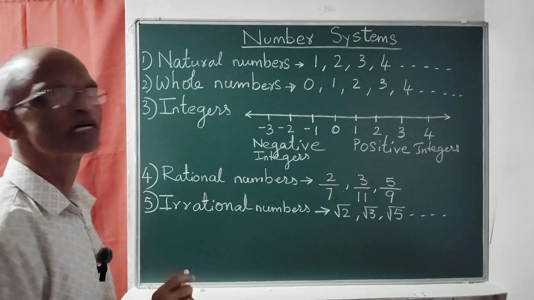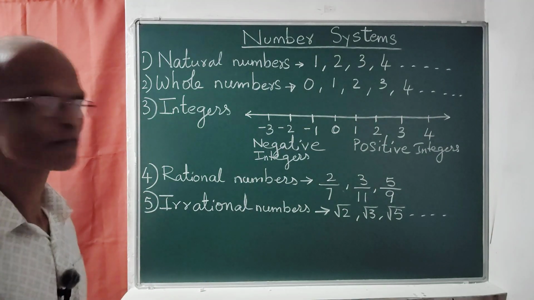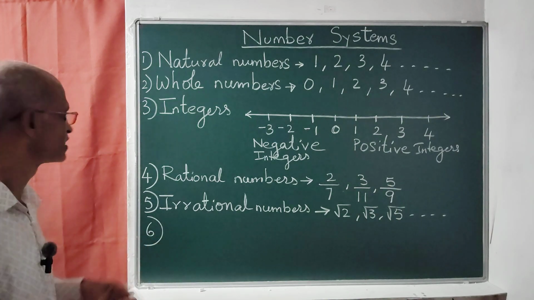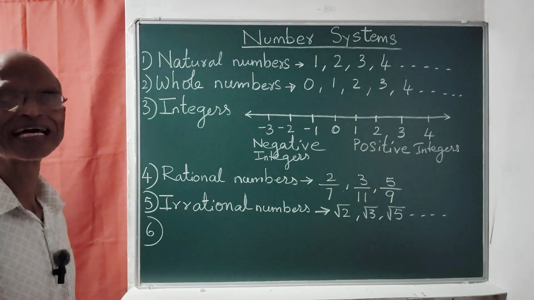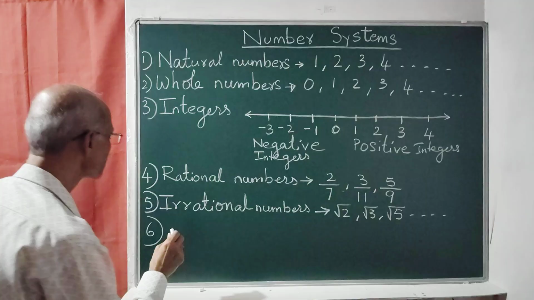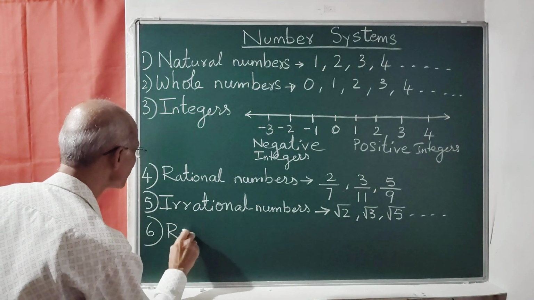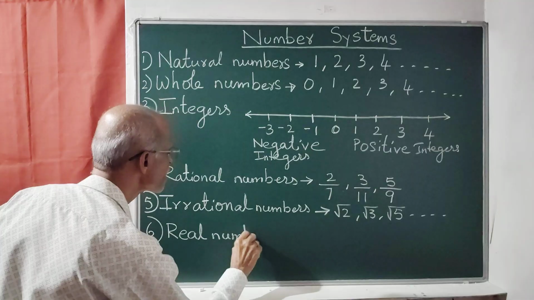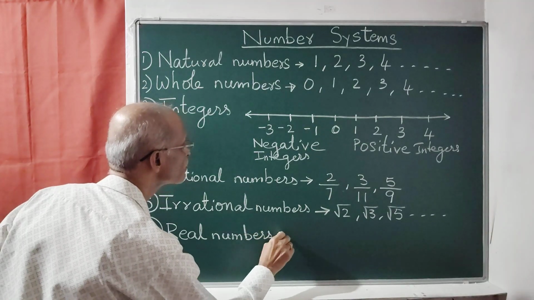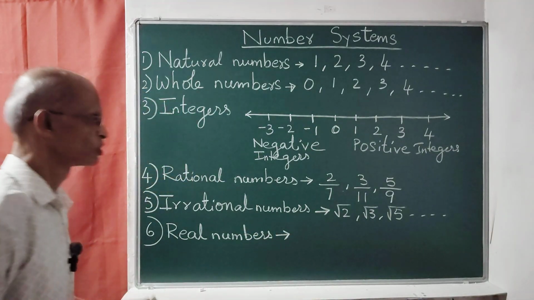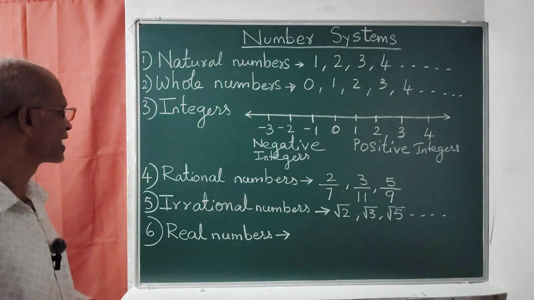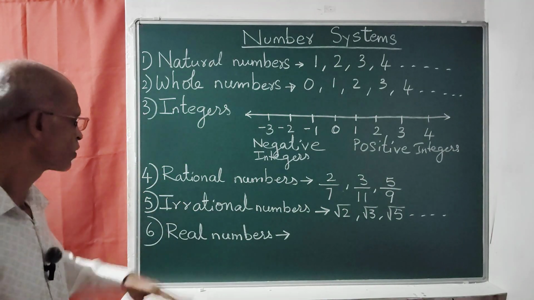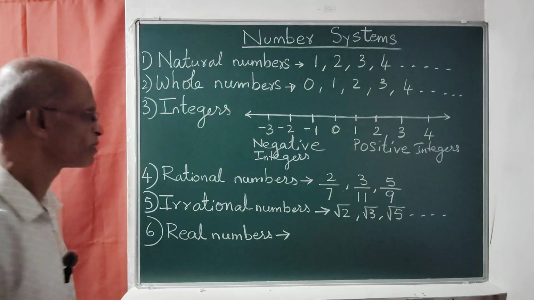Now coming to the sixth system of numbers. This last system of numbers is called real numbers. So the rational numbers and irrational numbers put together form the real numbers.